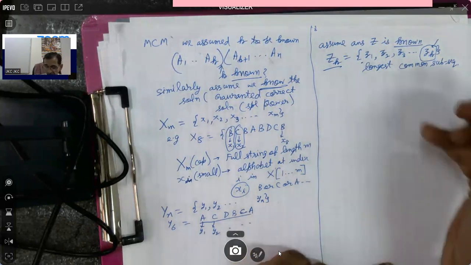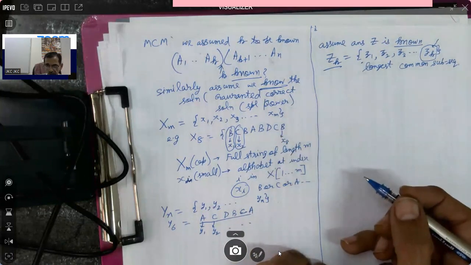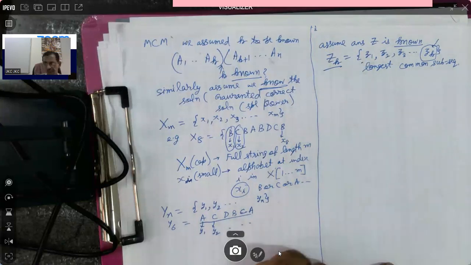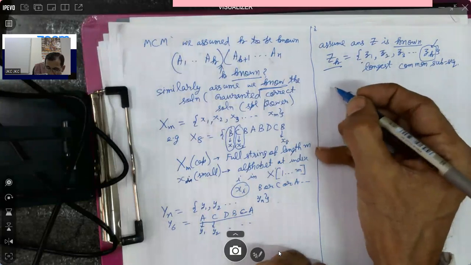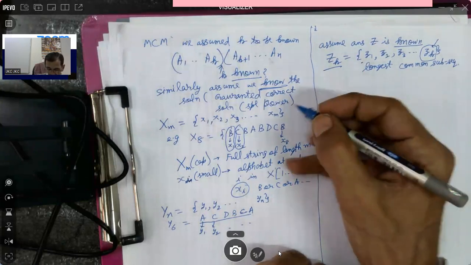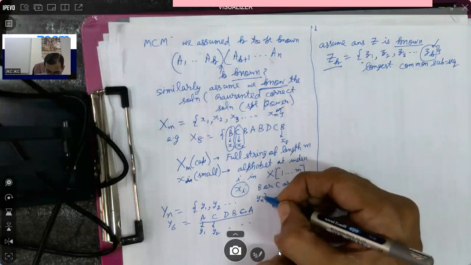My aim is: can I reduce the size of variables X and Y to a smaller length and then solve the same problem recursively? So I say, assume Zk is known. How will Zk come? Obviously, if it is the last matching, it will come from the corresponding Y also.